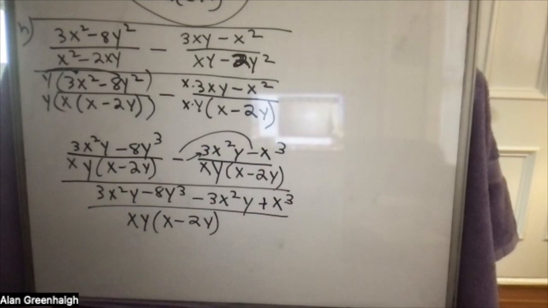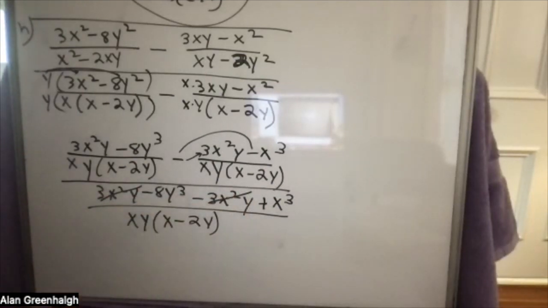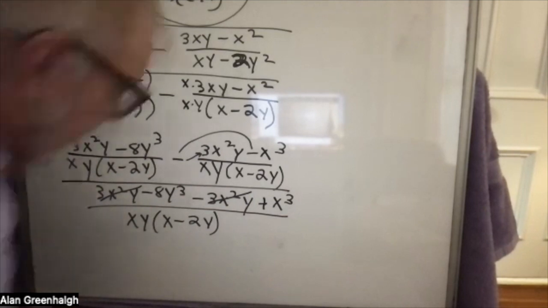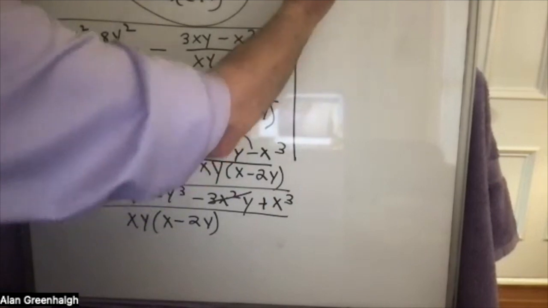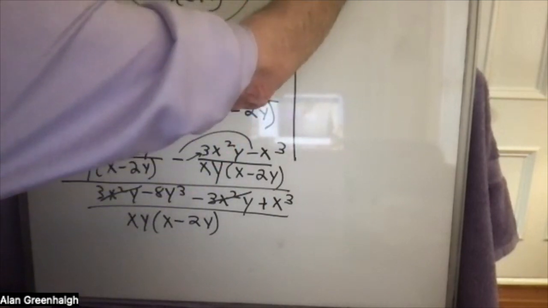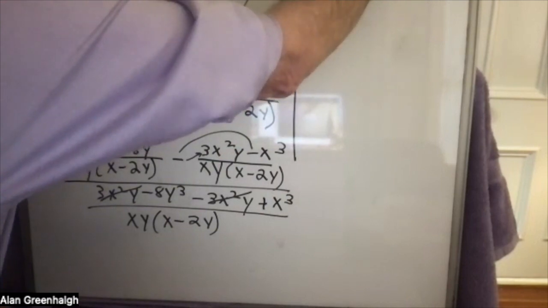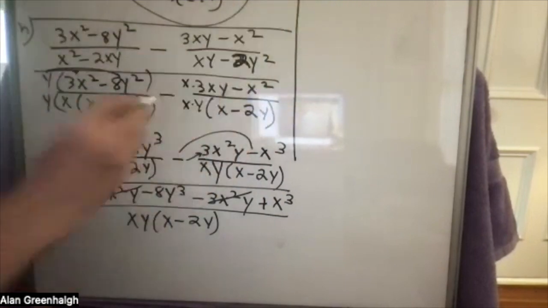Now, fortunately, we get lucky, and this cancels out with that. That's good news. And that will give us x to the third, negative y to the third, plus x to the third over xy.